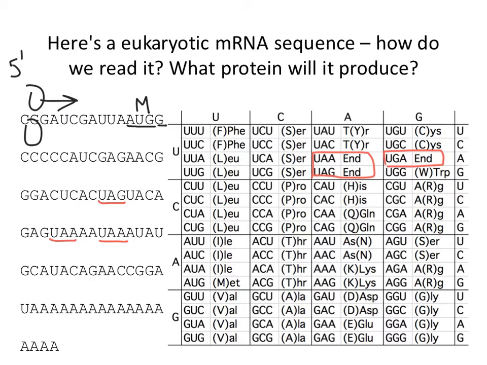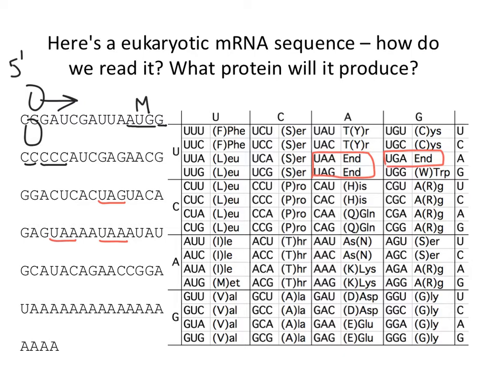We have to read codons, groups of 3 nucleotides, and figure out which of the stop codons that ribosome is going to read in those 3 letters. That's what we call in frame. We read in groups of 3, and it's the first in frame stop codon that the ribosome encounters that will stop translation.